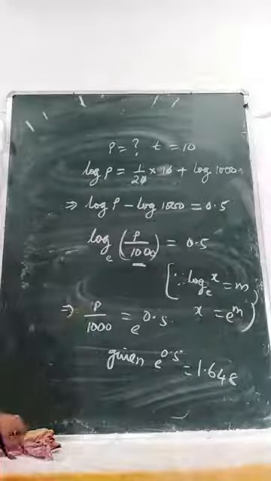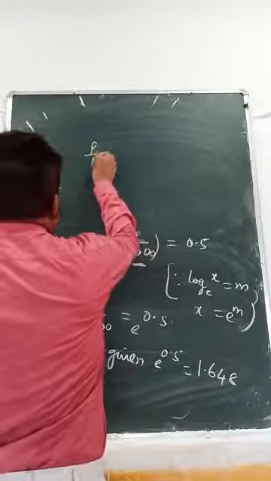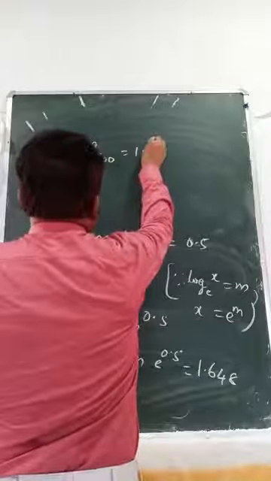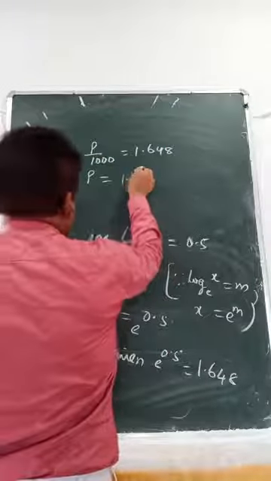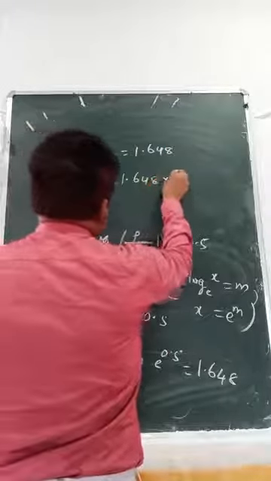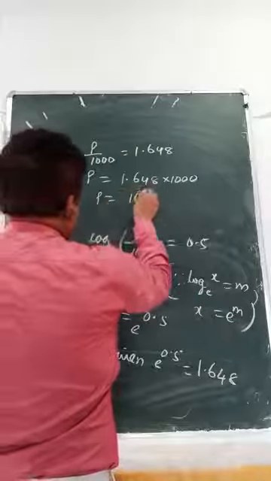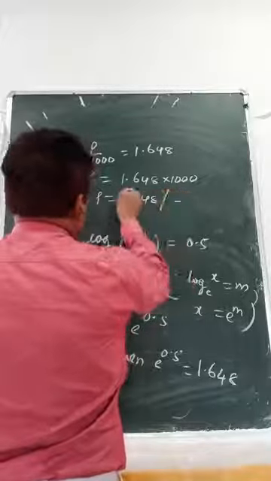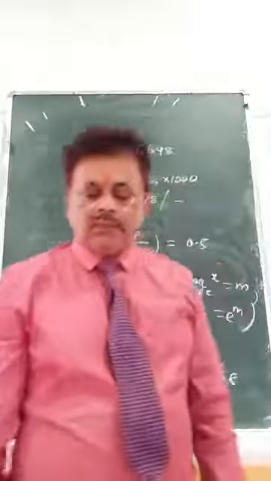So P by 1000 is 1.648. The principal is 1.648 into 1000. P equals 1648 rupees. Okay?